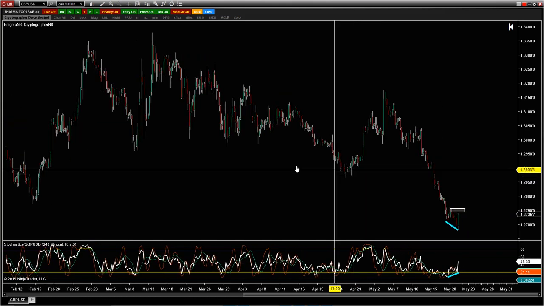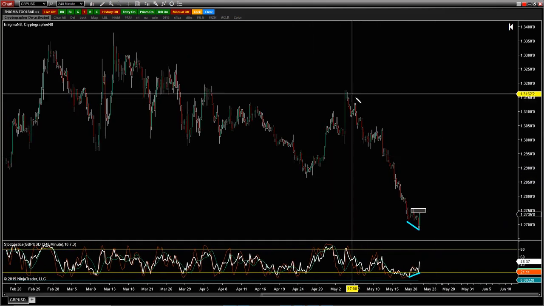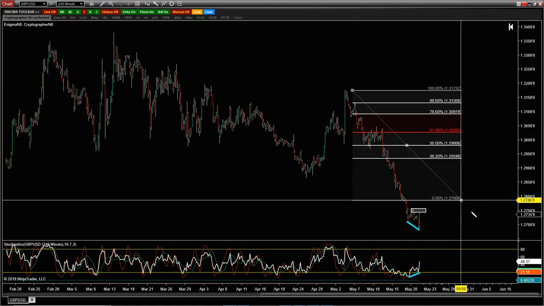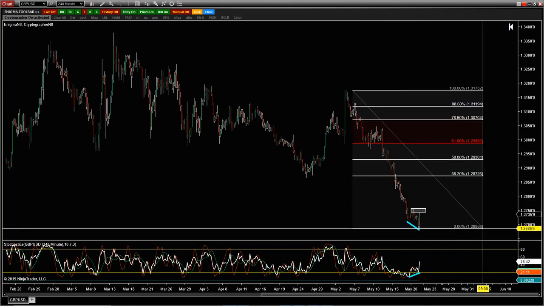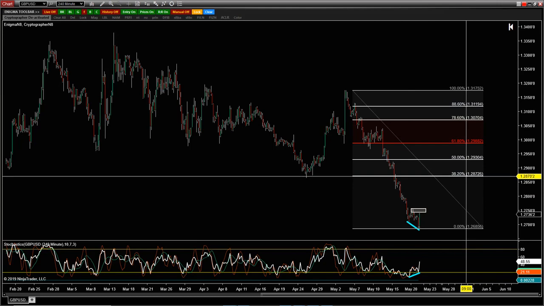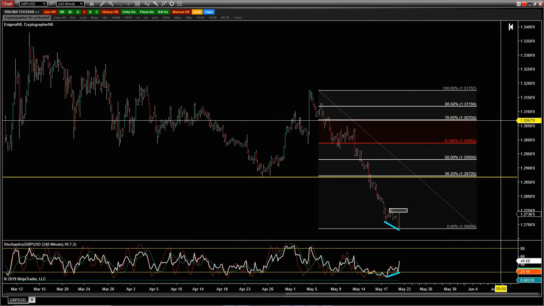We can even pull back to 128.50s. That's not a bad place to see price come to if we're going to see some type of reversal. This level right here with a 3D2 retracement from the higher time frame, this yellow line, is not a bad level to shoot for.